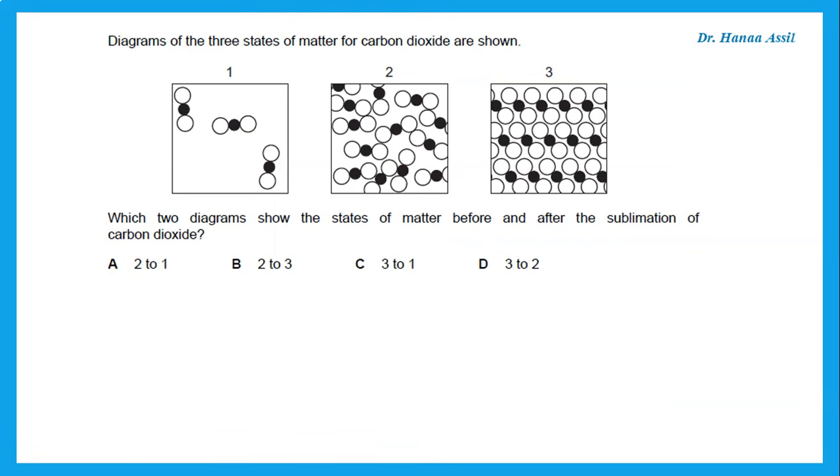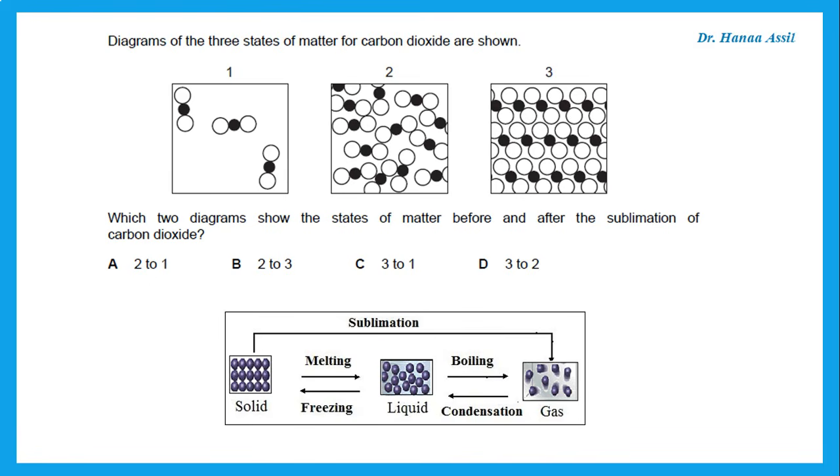Okay, diagrams of the three states of matter for carbon dioxide are shown. Which two diagrams show the states of matter before and after sublimation? What is sublimation? Sublimation is from solid to gas. So which of these is solid and which of these is gas? You can see that solid is 3 and gas is 1, where the particles are very far apart.